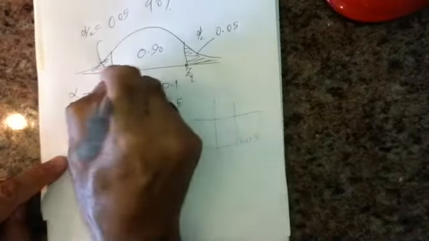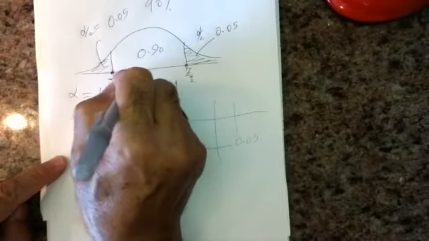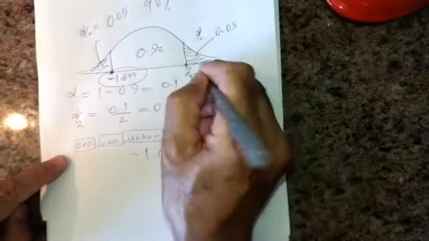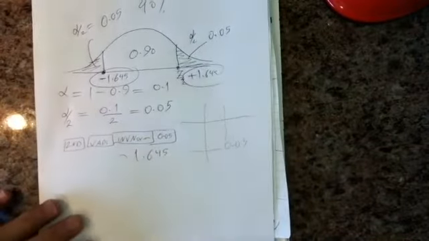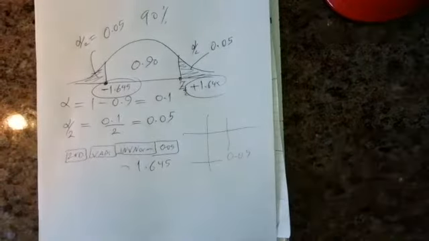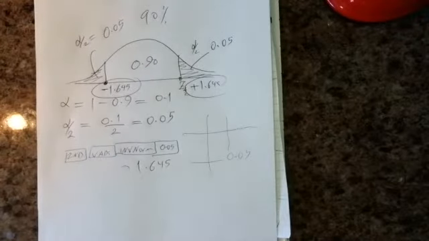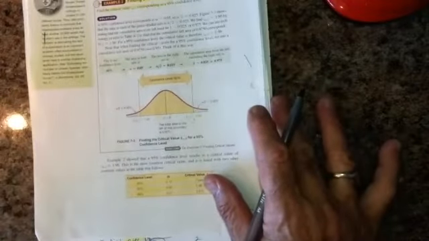So this one is negative 1.645, and the other one is positive 1.645. That's how you calculate when it's a 90% confidence interval, and also for all of them. The ones that are most common are 90, 95%, and 99%.